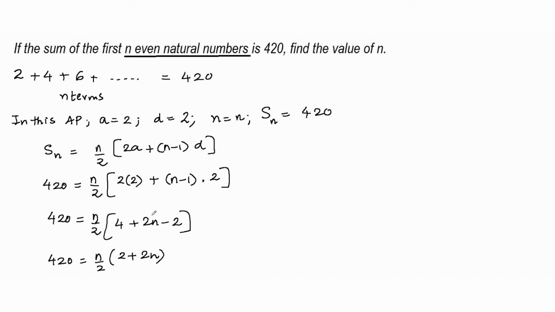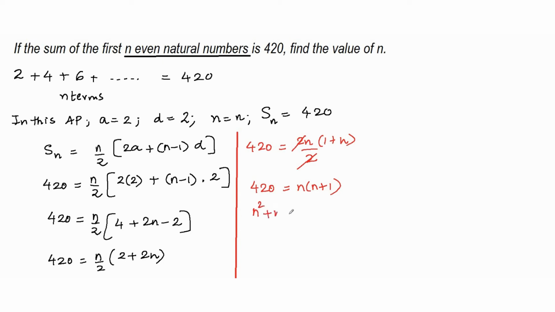Now I can take a 2 out of the bracket as common, and therefore the equation turns out to be 420 is equal to 2n times 1 plus n divided by 2. So now 2 cancels, and therefore 420 is equal to n into n plus 1.